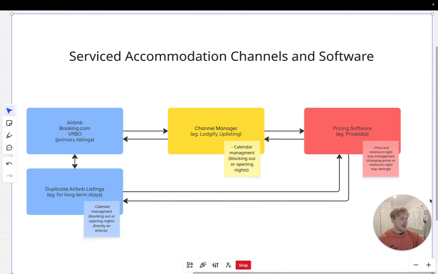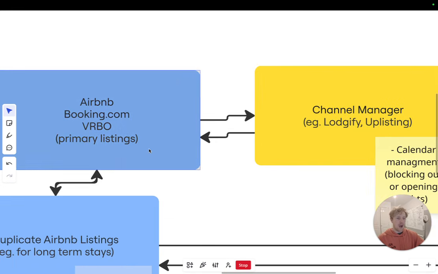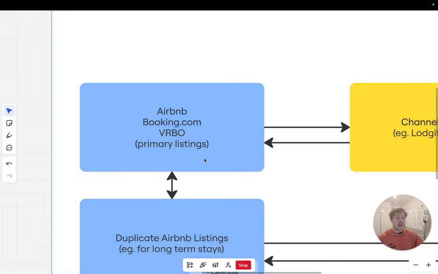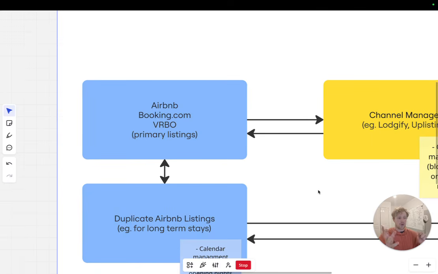So, of course, over here we have the Airbnb, Booking.com, and Vrbo primary listings. The reason I'm calling them primary listings is because they are pretty much your short-term listings that you would originally set up.